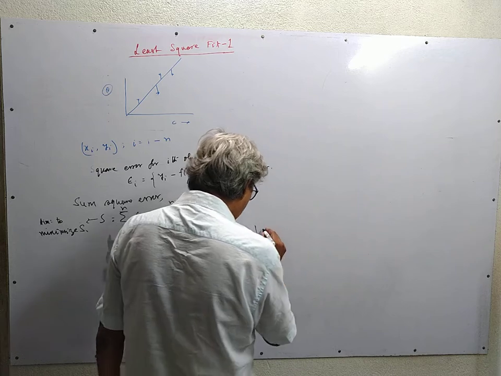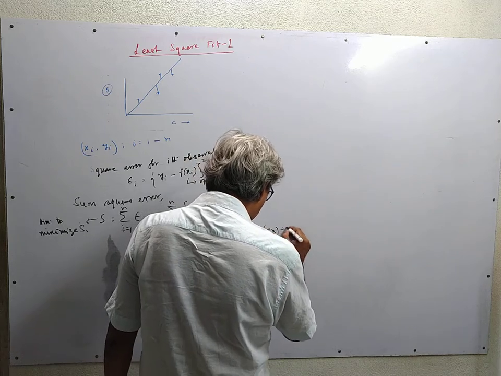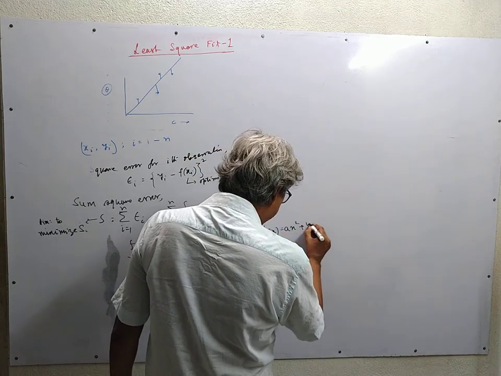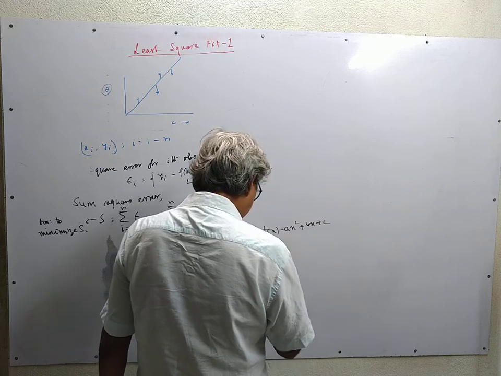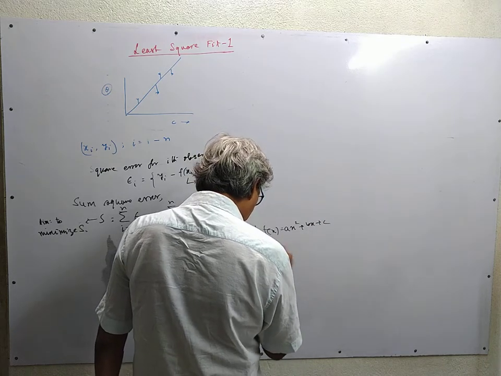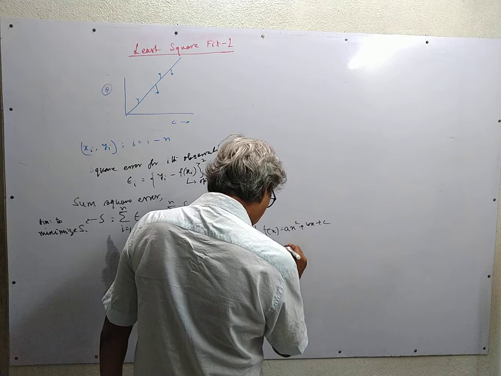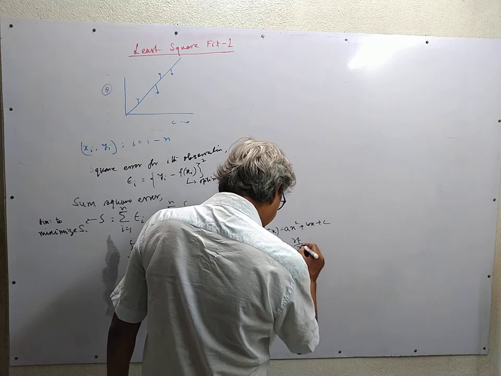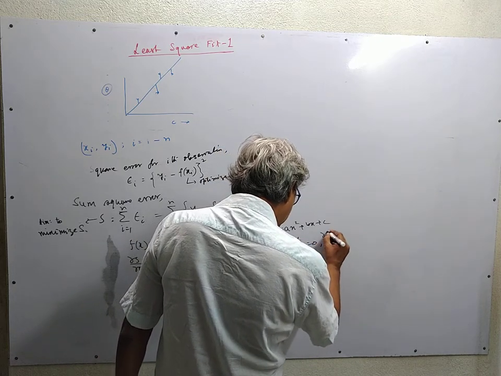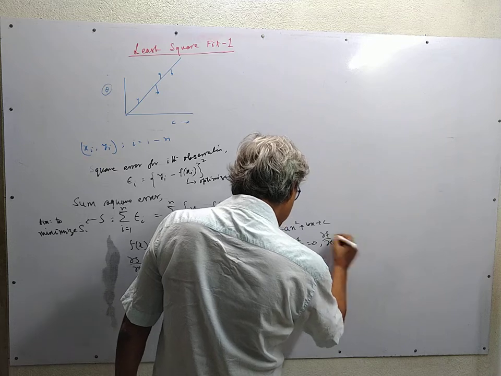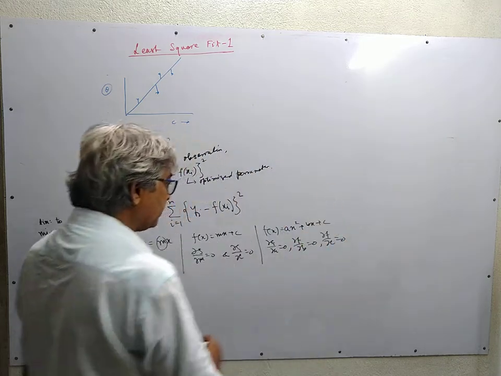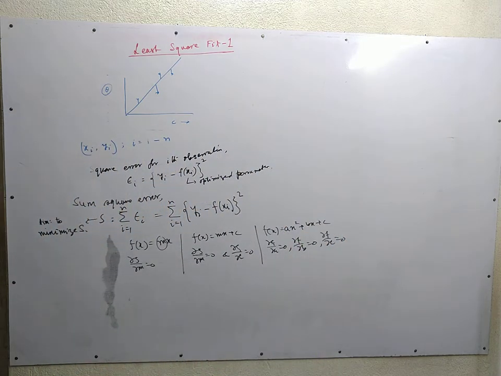If we write f of x is equal to a x squared plus b x plus c, in that case we will have three equations: del s del a equal to 0, del s del b equal to 0, and del s del c equal to 0. So three equations and three unknowns, so they can be obtained in principle.